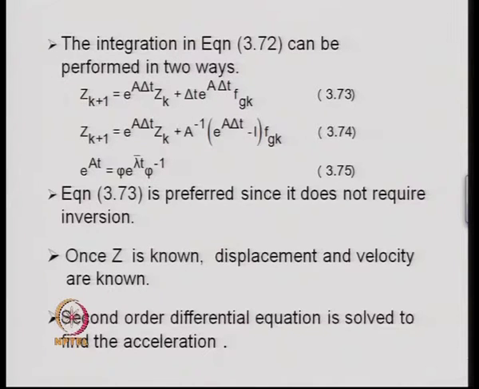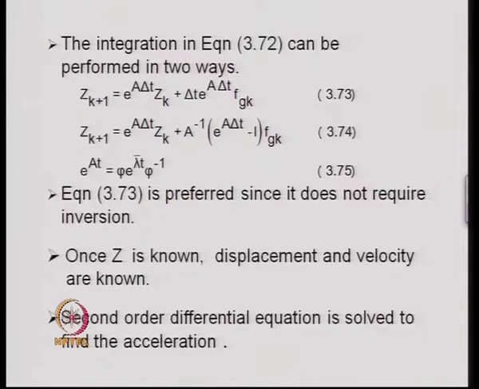So, the size of this matrix is the same as the size of matrix A, and one can obtain the eigenvalues and eigenvectors for the known matrix A, and in this way one can obtain the value of e to the power A t.